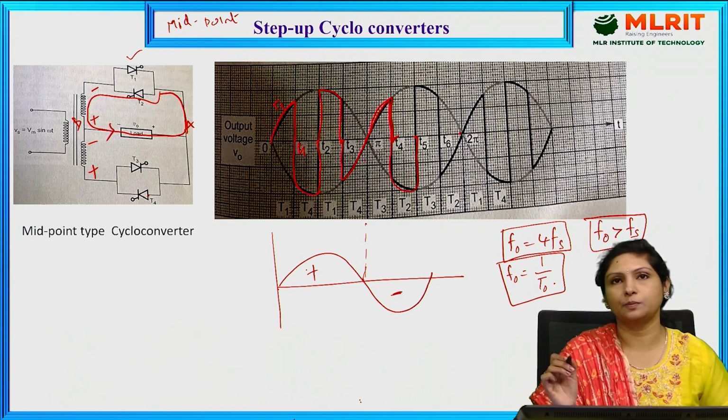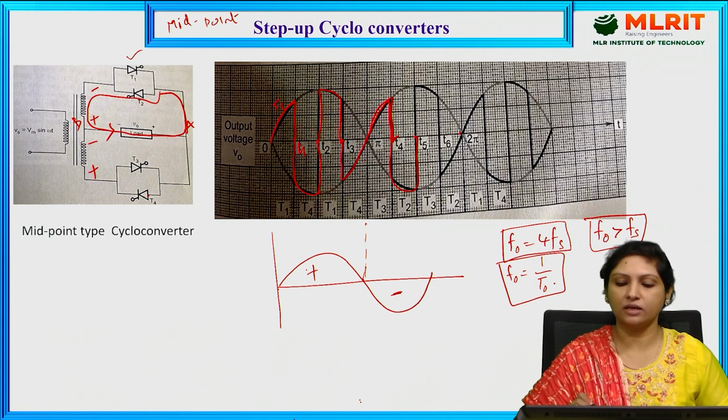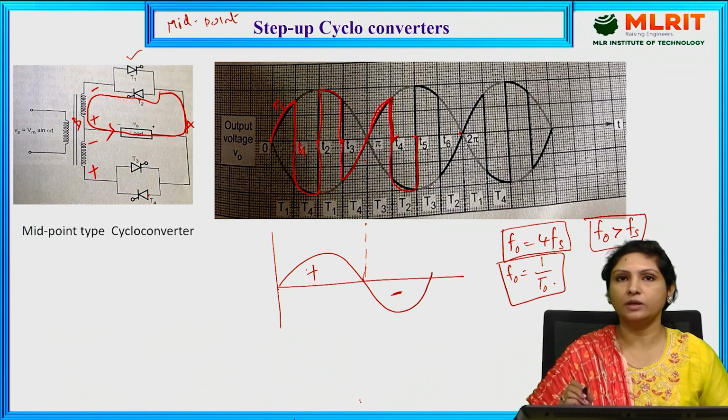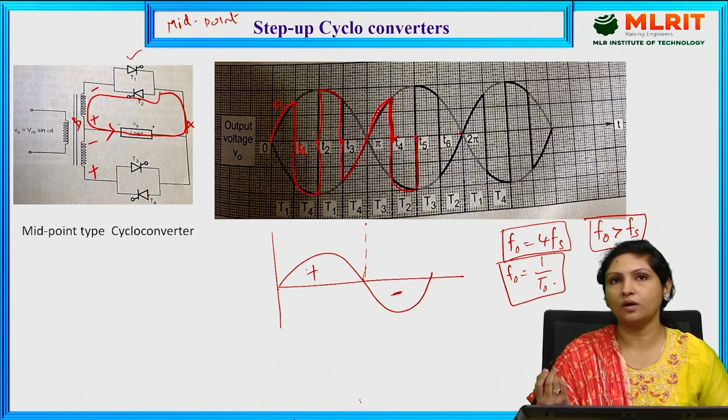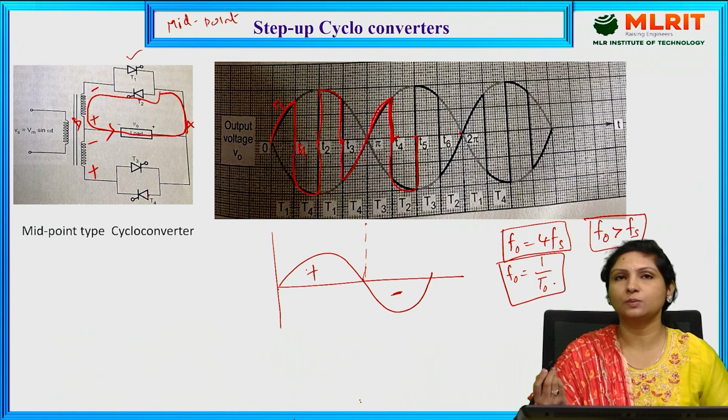And the cycle repeats. This is how, for one cycle of input voltage, we are getting 4 cycles of the output voltage, and hence this is the midpoint step-up cycloconverter operation.